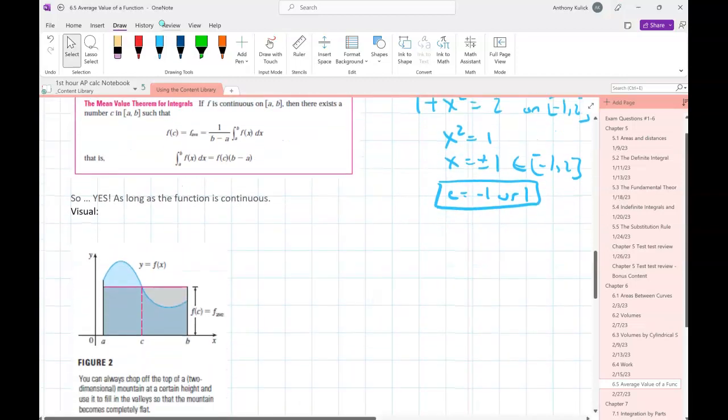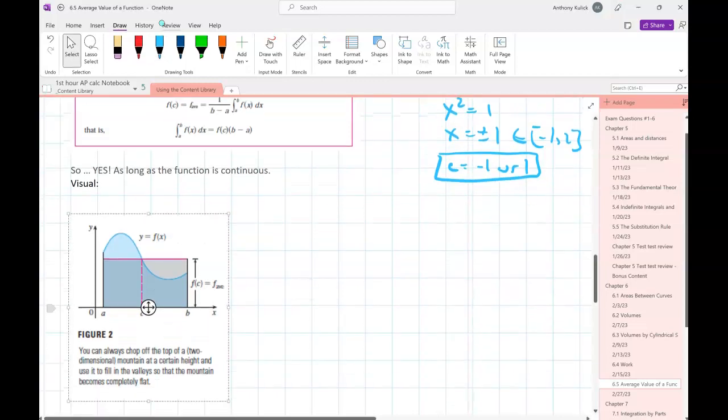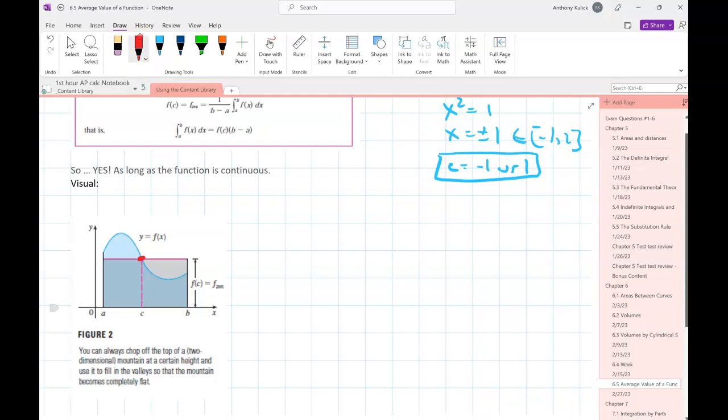So again, what are we really saying here? If we're looking for our values of C, it's just the place where we have the average value. So the way you can think about the average value is basically you're building a rectangle whose area is the same as the area under the curve.